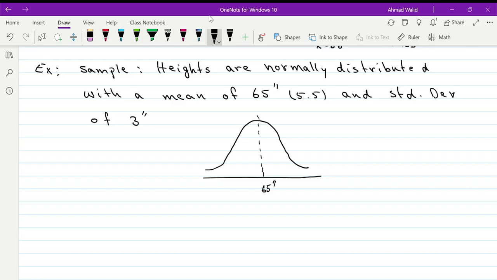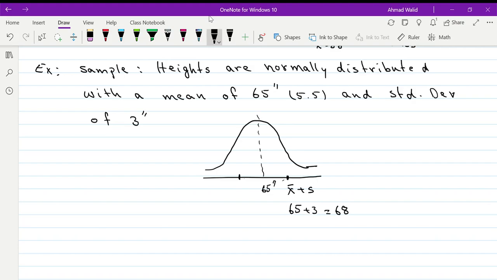Standard deviation of 3. Now, if I ask you how high will be 1 standard deviation away on the right side of the mean, and what will be the height of the people that are 1 standard deviation away on the left side. Your formula was x bar plus s to the right for 1 standard deviation, which means 65 plus 3, which gives you 68, correct?